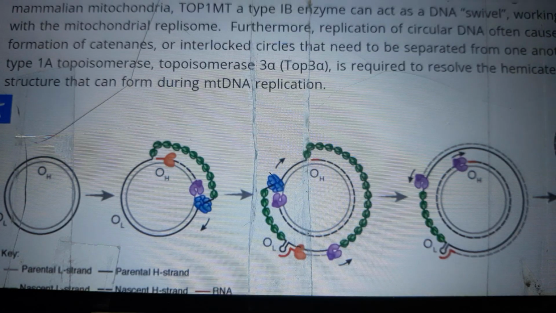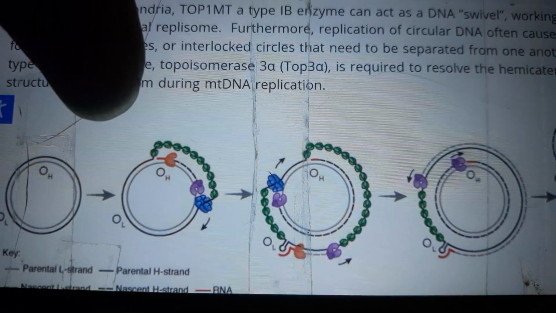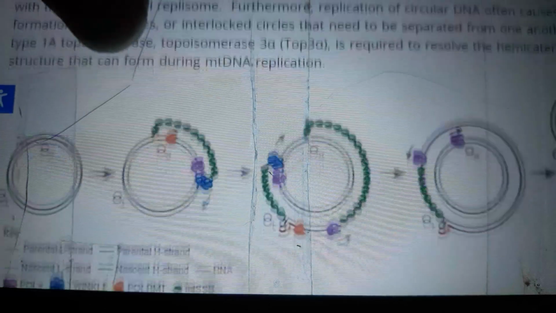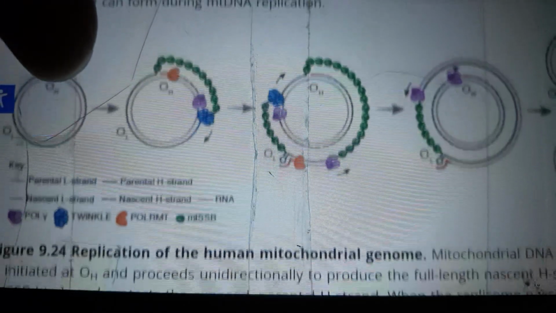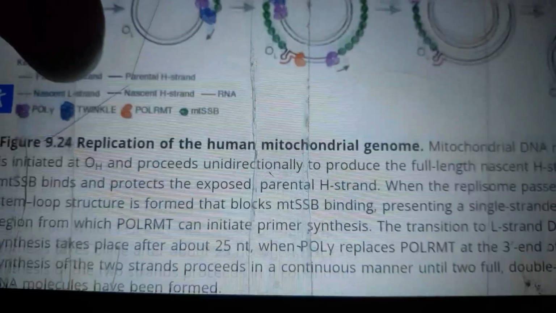Furthermore, replication of circular DNA often causes the formation of catenanes, or interlocked circles, that need to be separated from one another. The type 1 topoisomerase 3-alpha, TOP3A, is required to resolve the hemicatenane structure that can form during mitochondrial DNA replication.